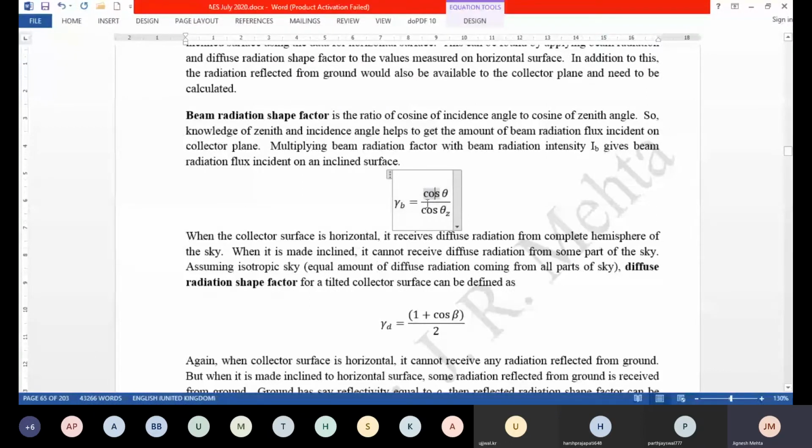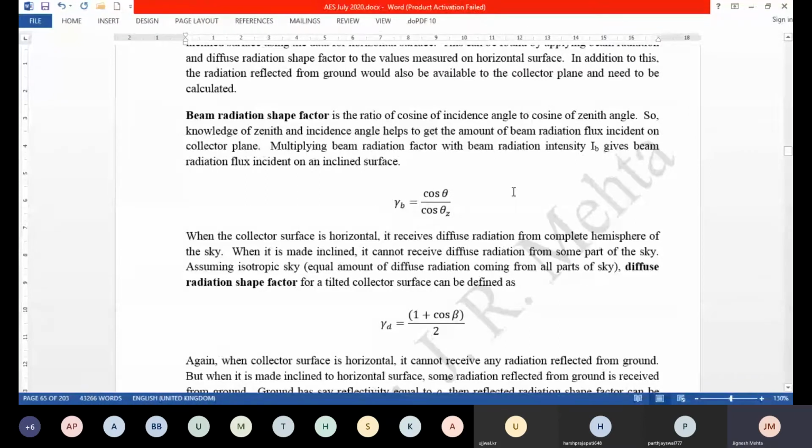Let us talk about this value, cos theta upon cos theta z. Now there are chances that theta sometimes may be less than theta z or otherwise also. So it's possible that your gamma b has some value less than 1, but most of the times you will keep the collector inclined such that your theta comes out to be less than theta z, and in that case your gamma b is more than 1.